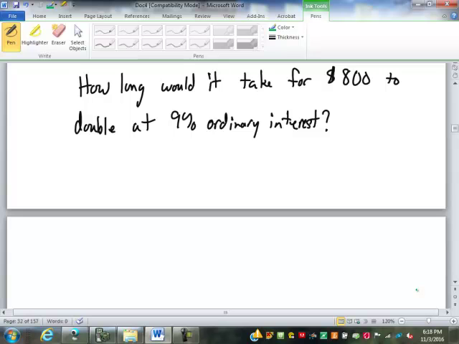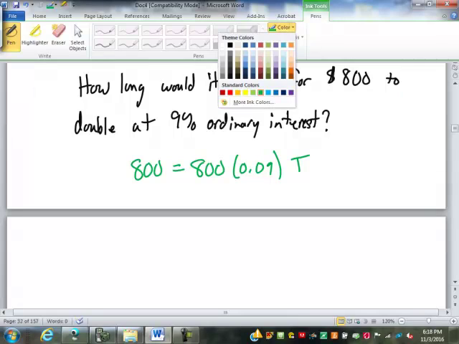What's going to go in for our interest? $800. What's going to go in for our principal? $800. What's going in for our rate? 0.09, and we're looking for the time.